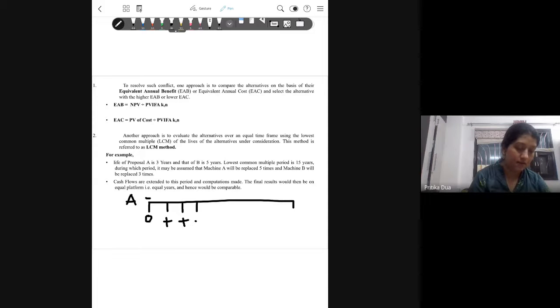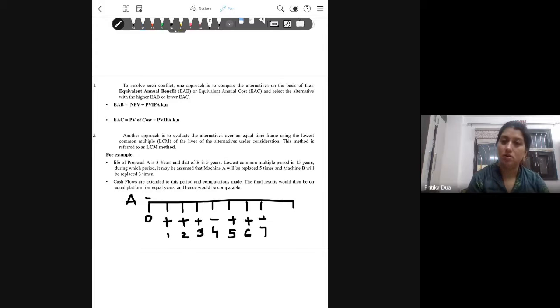I write the time here. So now what we do to achieve the LCM timeline, at the 4th year, we again take an outflow. So we are repeating the project over this 15-year time span, followed by a cash inflow at the end of 5th, 6th, and 7th year.